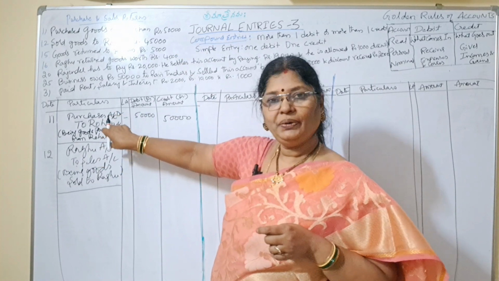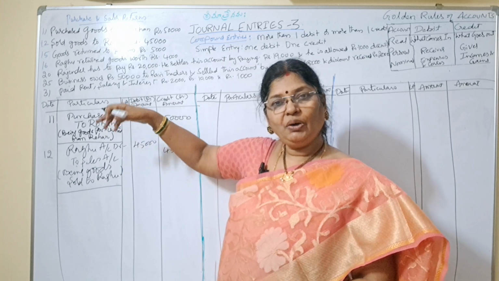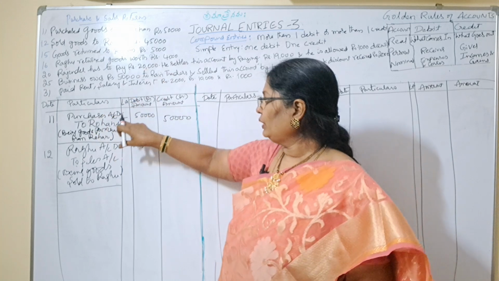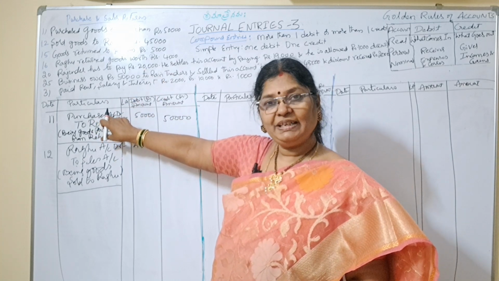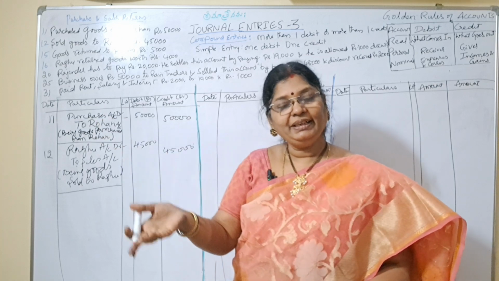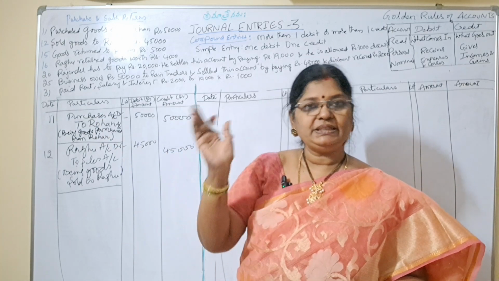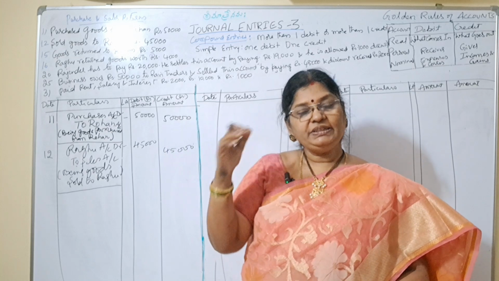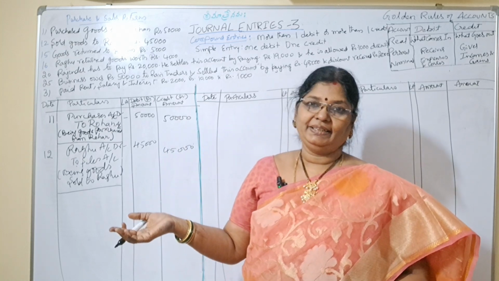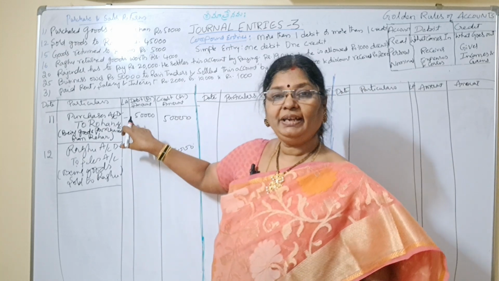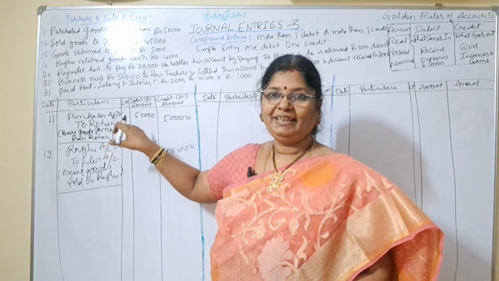Purchases account debit to Rohan account. But now we are returning to him. So when purchases got debited, when we are returning, purchase returns will be credited. Always remember, purchases will be debited, purchase returns will be credited. So to whom are we returning? To Rohan, right?